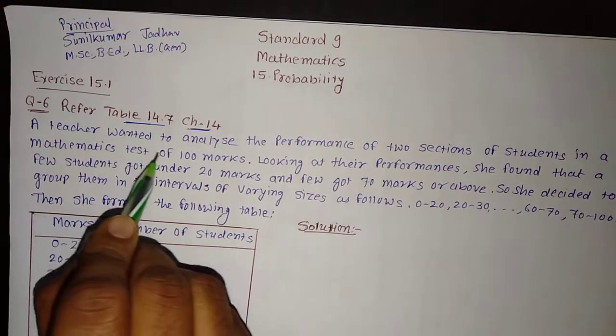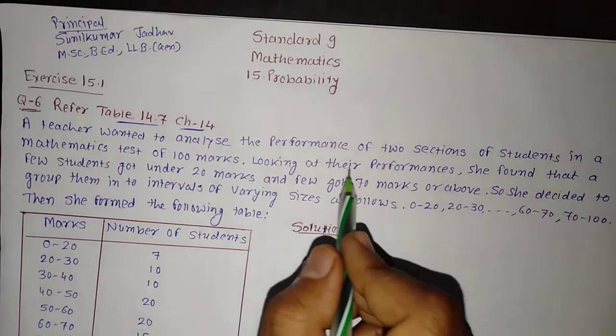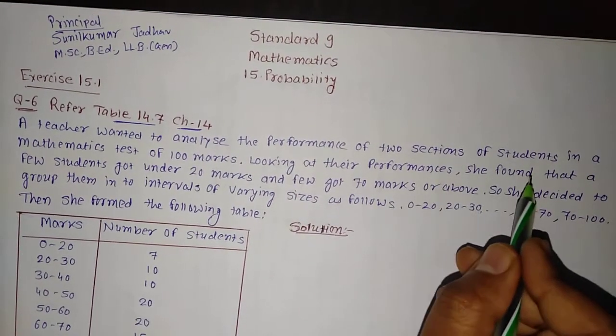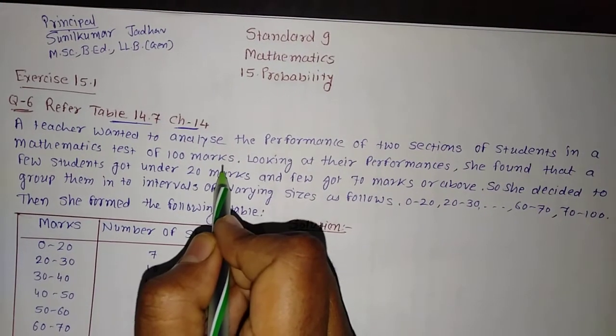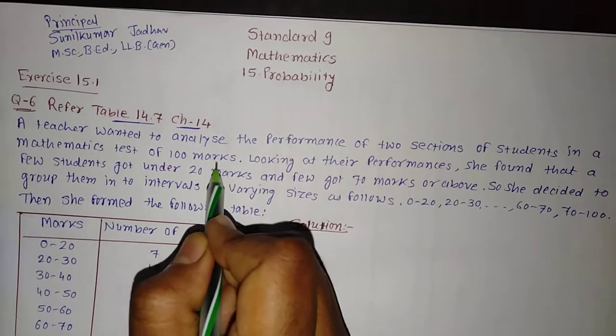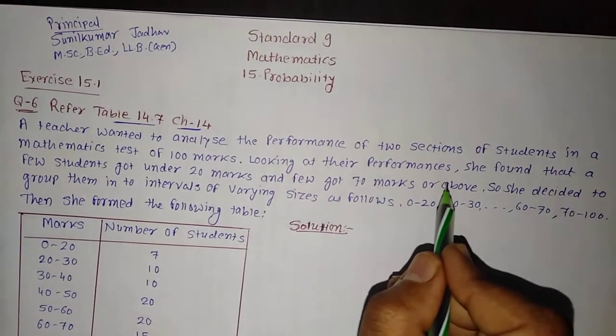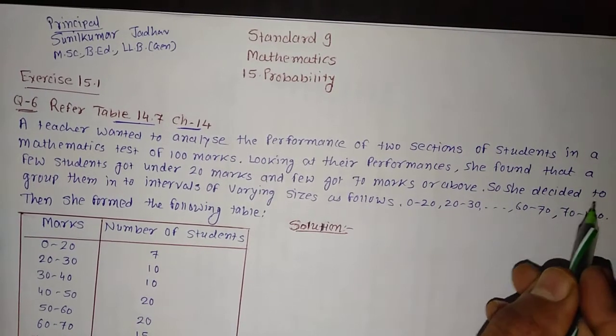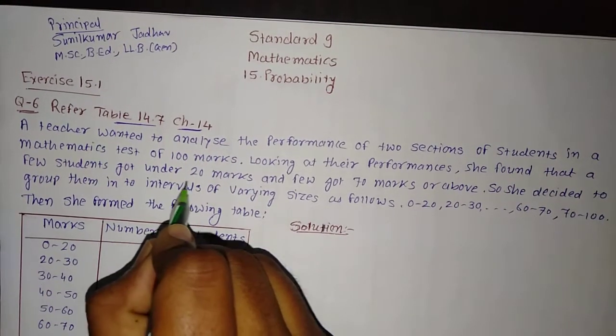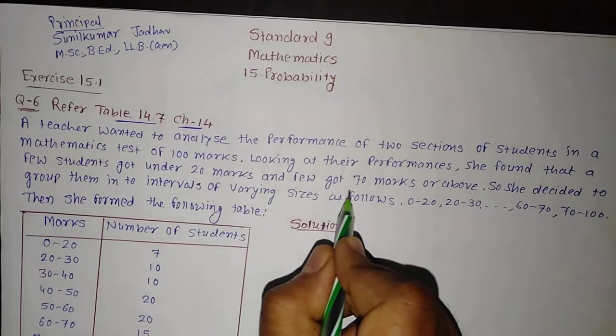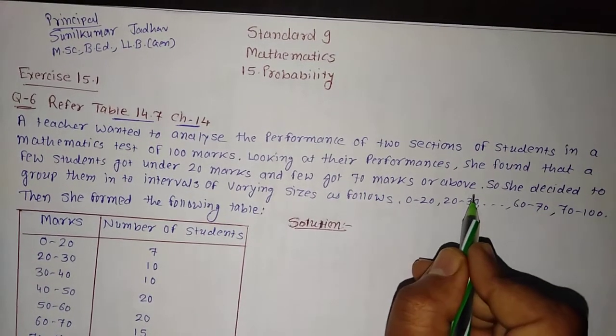A teacher wanted to analyze the performance of two sections of students in a mathematics test of 100 marks. How many marks? A 100 mark test the teacher has conducted. Looking at their performances, she found that a few students got under 20 marks and few got 70 marks or above.